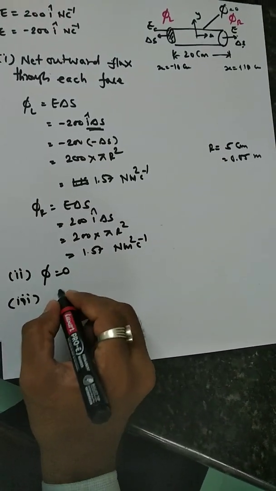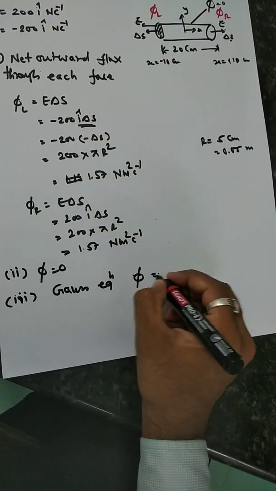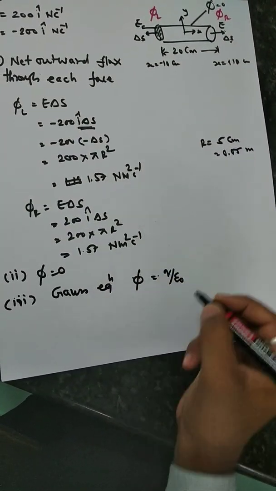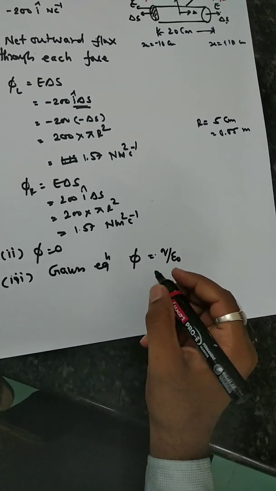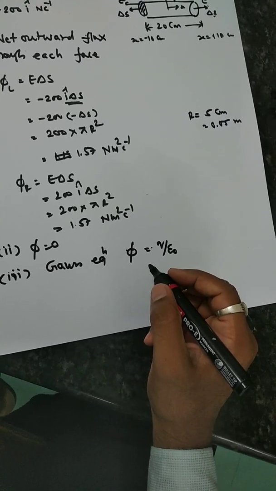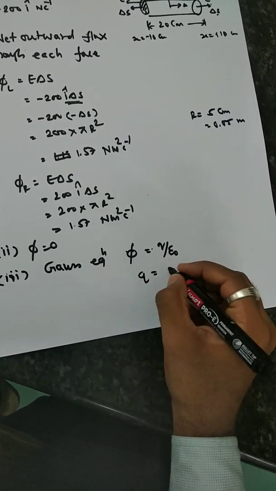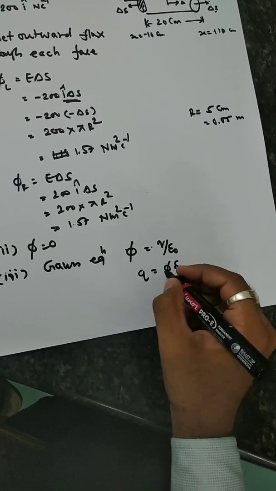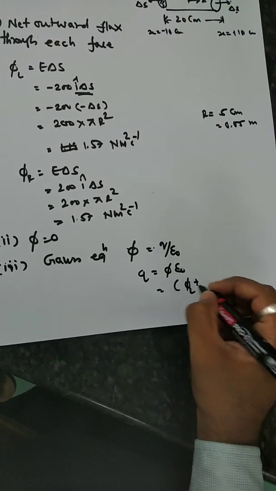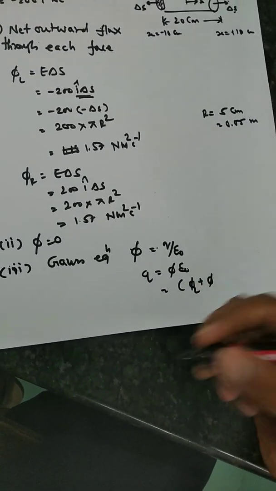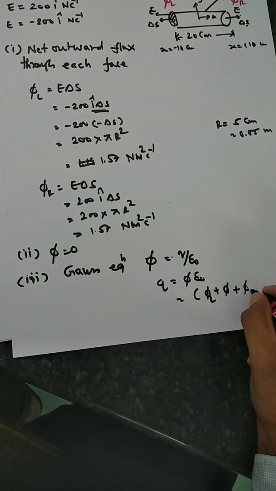To find the value of net charge, we will use Gauss's law, which is phi equal to q upon epsilon 0. So to find the value of q, the equation will be phi into epsilon 0, where phi is the flux because of the left side plus the flux because of the right hand side.